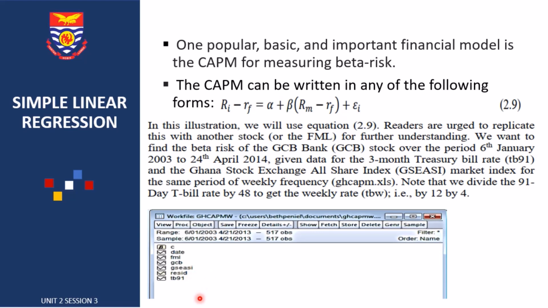In calculating the excess returns, our regressand, the dependent variable, is going to be the GCB stock prices, which we are going to transform into a return series. The market return, Rm, will be represented by the Ghana Stock Exchange prices or returns, and Rf will be the treasury bill rate.